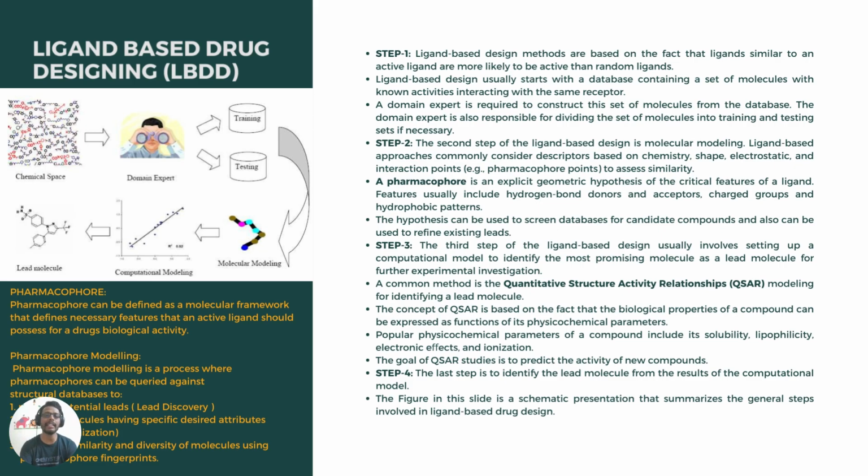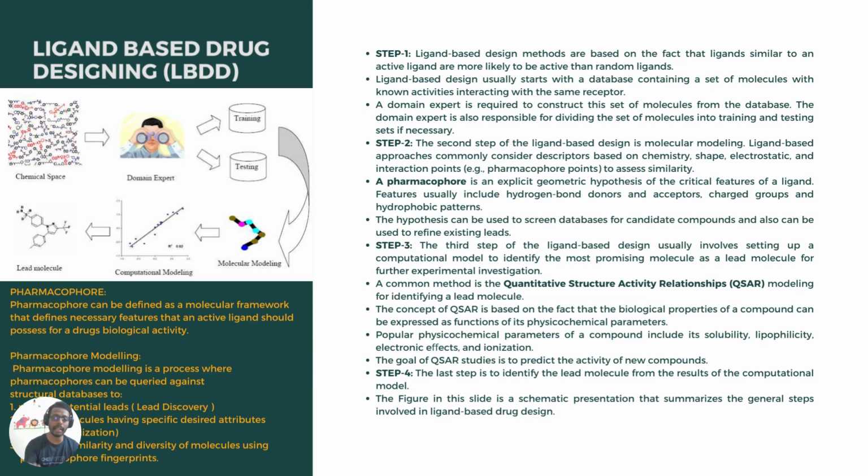Okay. In the second step, the ligand based design is molecular modeling. Ligand based approaches commonly consider descriptions based on chemistry, shape, electrostatics and interaction points, meaning pharmacophore points. The similarity between these ligands will be assessed in the second step.